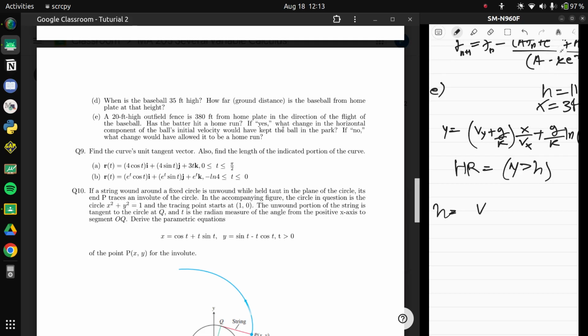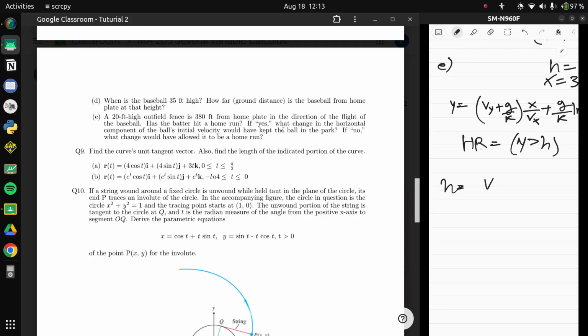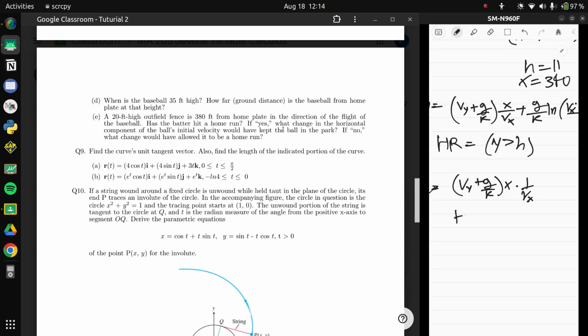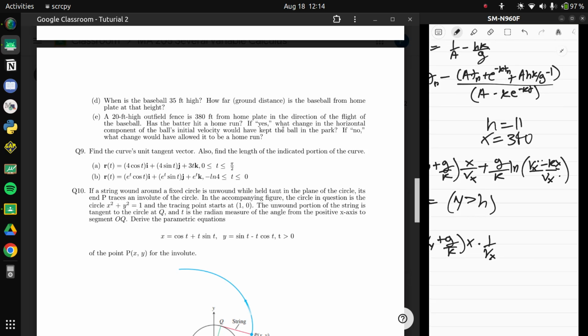So our h thing will just be, so you got all of these constants, so just vy plus g upon k, that times x, and this times 1 upon vx. So 1 upon vx is what will be our variable, so just this plus, or you could just say natural log of 1 upon vx is a better variable to use.